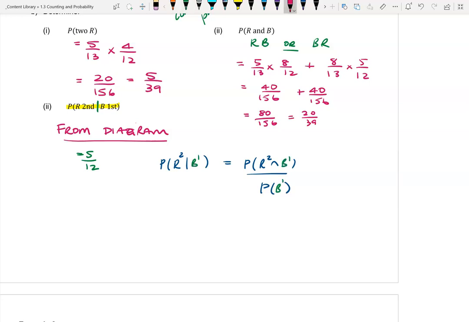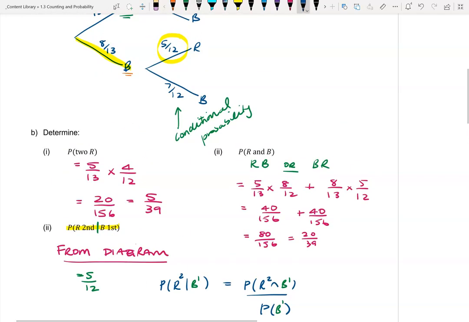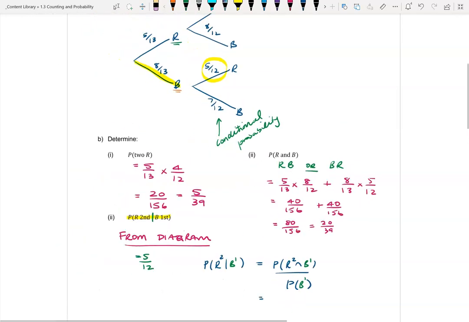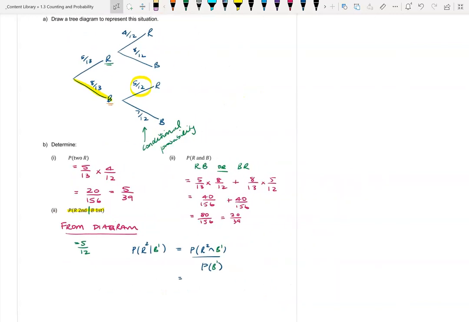So using our probabilities, if we want to find this, well, the probability of red second and blue first, if we go back to our tree diagram, let's make this a little bit smaller so we can see. Red second and blue first. Here we go. We're going to do 8 13ths times 5 12ths over the probability of choosing blue.